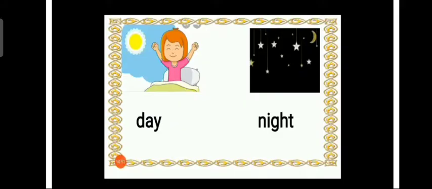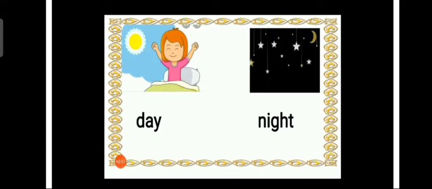Now children, look at the pictures carefully and answer my question. What do you see in this picture? A girl wakes up in the morning and the other picture is showing night. There are lots of stars and a moon.